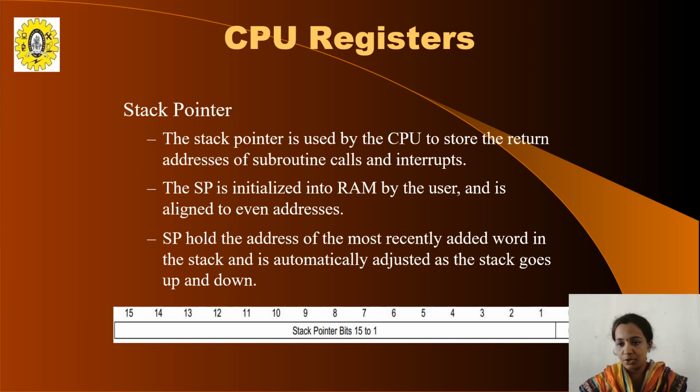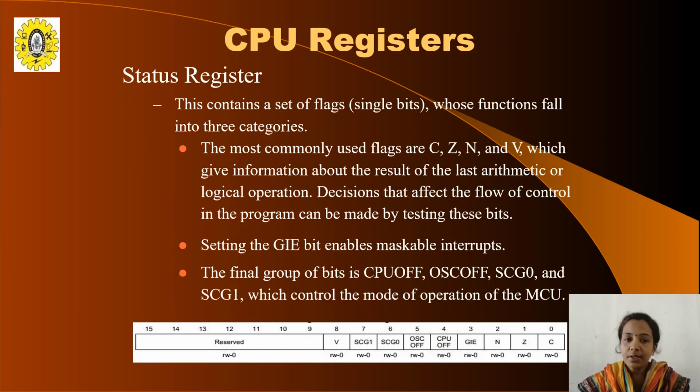After one instruction, it will increase. The status register contains a set of flags whose functions fall into 3 categories. The most commonly used flags are the carry flag, zero flag, negative flag, and the V flag, which give information about the result of the last arithmetic or logical operation.